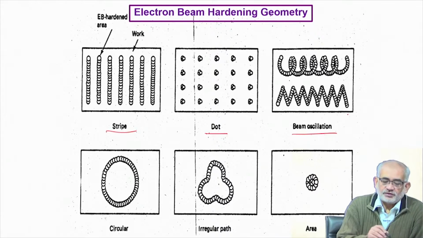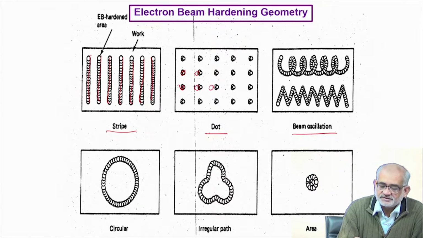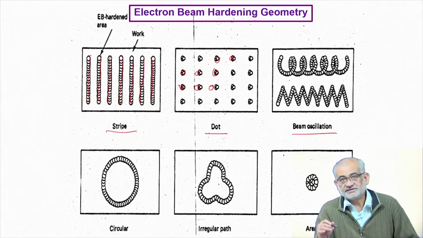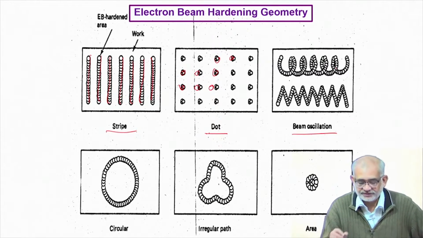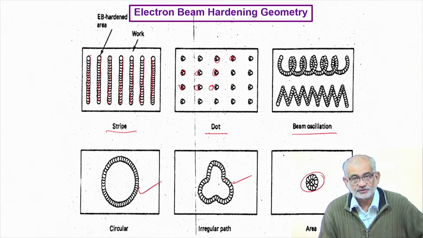So the point is that on a flat surface, for whatever reasons, if you would like to create these kinds of stripes and leave the portion in between unaffected, or you create certain patterns like this, which are maybe circular or some geometric shapes, but leave the rest of the surface unaffected, or on the surface you would like to create such special shapes or contours, that's also quite possible with electron beam. So anything like an irregular path or a circular path or certain area coverage and so on. So all these are possible.